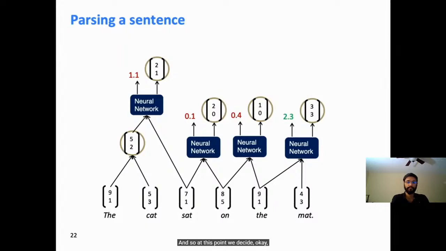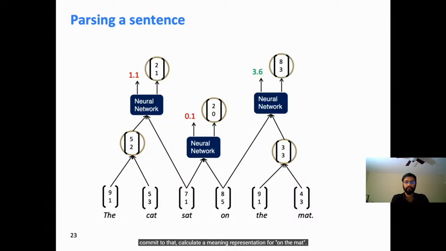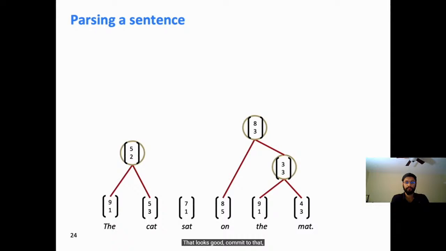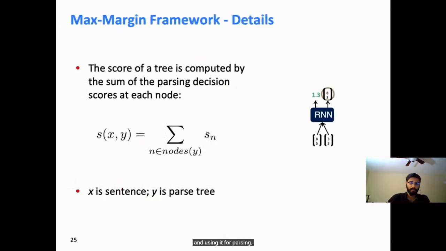And so at this point, we decide, okay, the mat is the best constituent to build, commit to that, calculate a meaning representation for on the mat. That looks good, commit to that, and kind of keep on chugging up. And so we've got a mechanism for choosing a parse of the sentence in a greedy manner. But when we looked at the dependency parsing, we were also doing that greedily, right? And coming up with a meaning representation. Okay, so that was our first model for having a tree recursive neural network and using it for parsing.